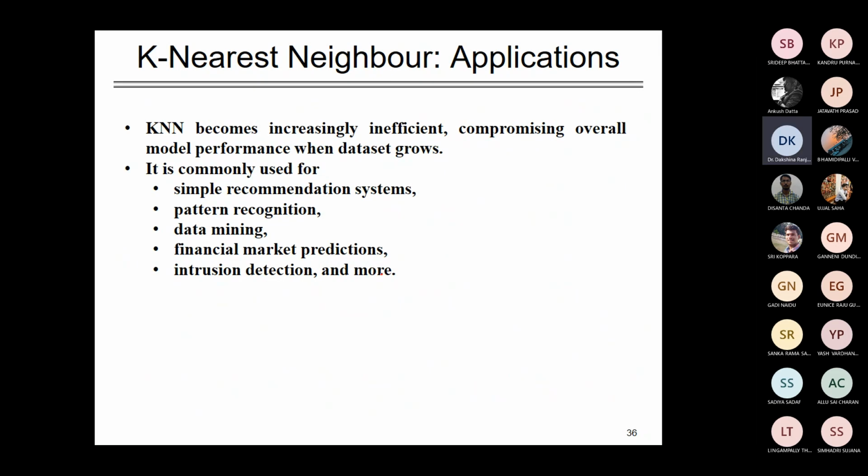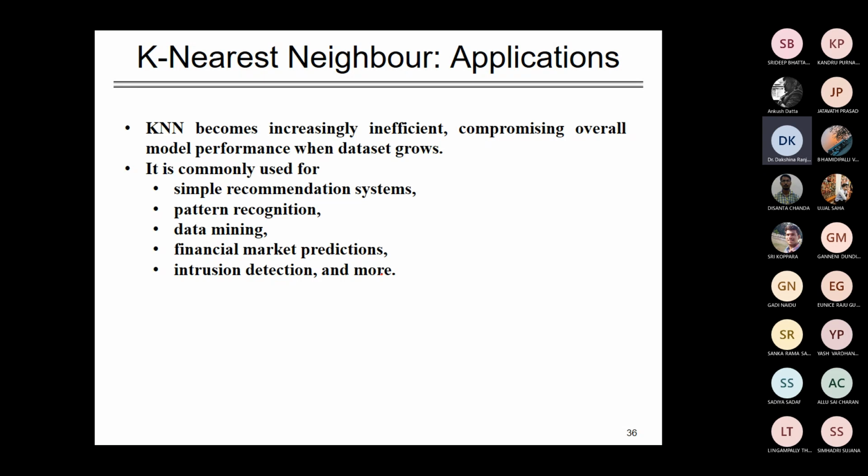Now, if we look at some prominent applications of k nearest neighbor, it can be used in recommendation systems, pattern recognition, data mining, financial market predictions, intrusion detection, and many other problems.